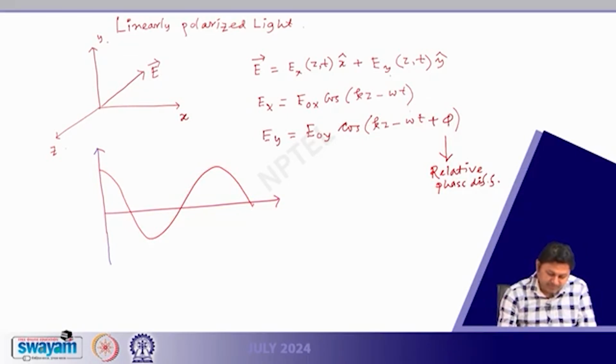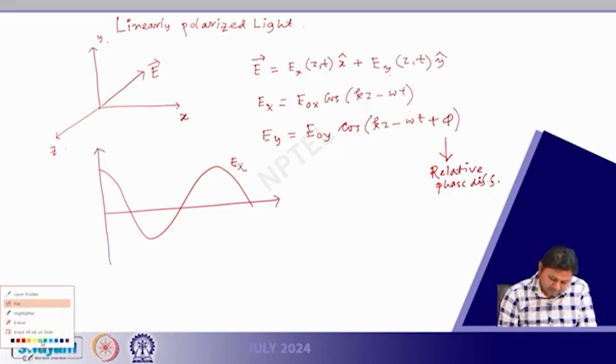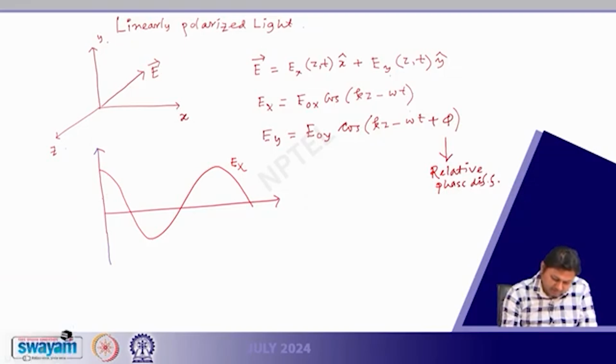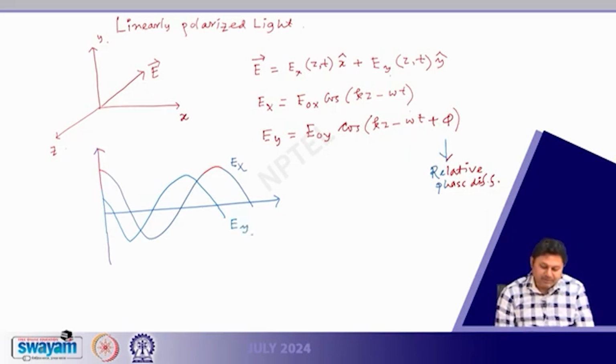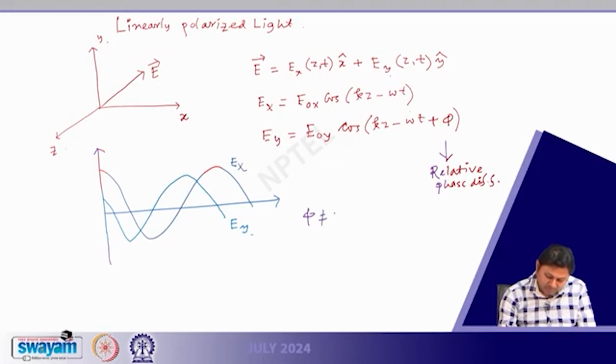Say this is the way Ex is changing, and I draw another, this is the way Ey is changing, but you can see that there is a constant phase difference between them, and that arises when phi is not equal to 0.